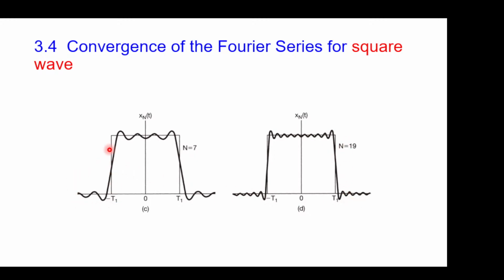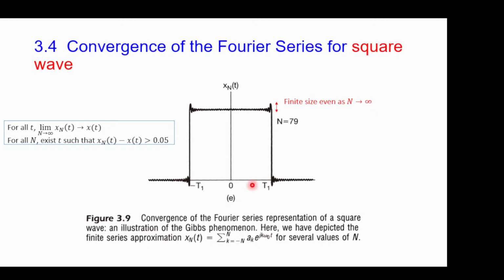We are getting closer and closer to our square wave, and the discontinuity is doing what we expected. At the discontinuity, the value should be 1/2, because it's 1 here and 0 here, so the average is 1/2. Things are going well except when we have a very high n, n equal to 79. And something unexpected happened.